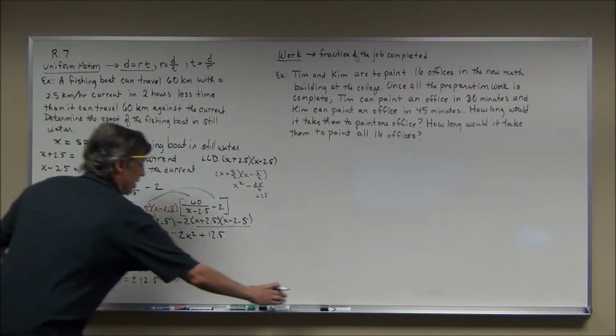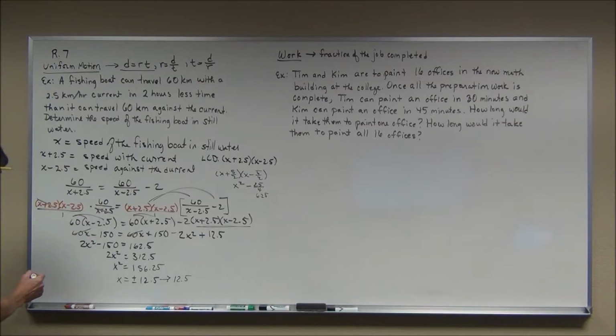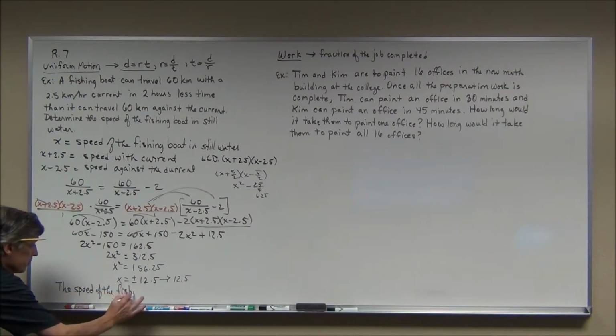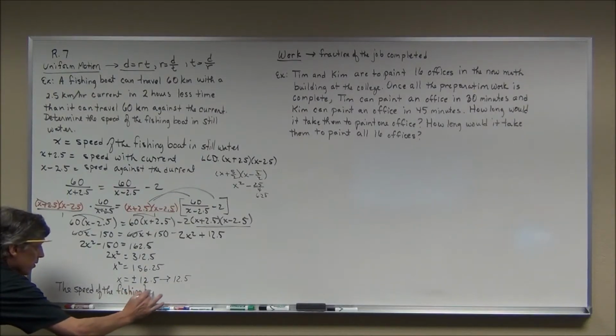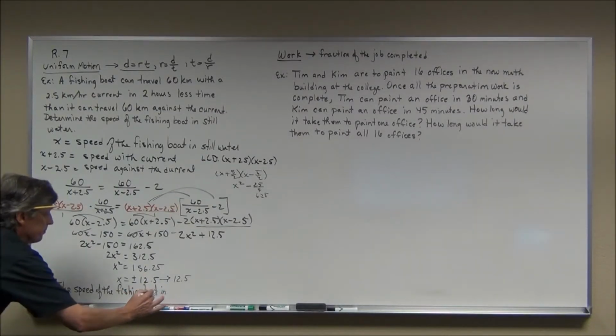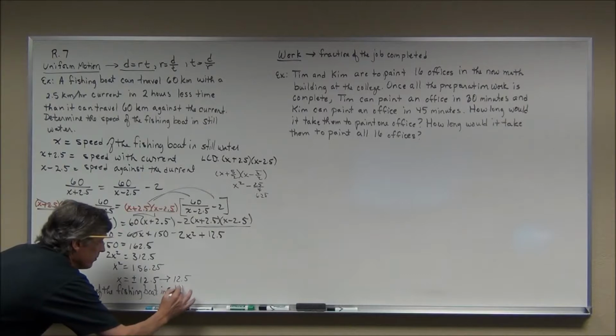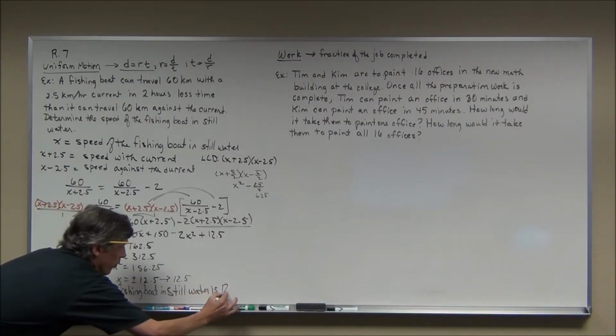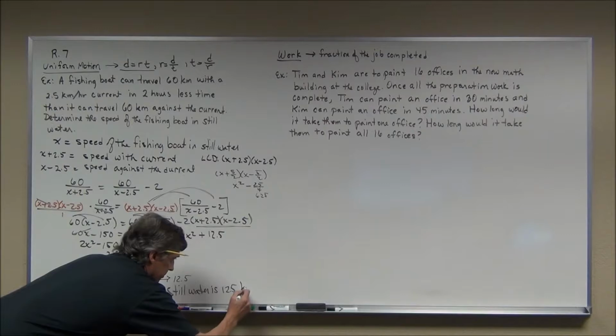So, using every little bit of work or space that I have here, the speed of the fishing boat in still water is 12.5 kilometers per hour.